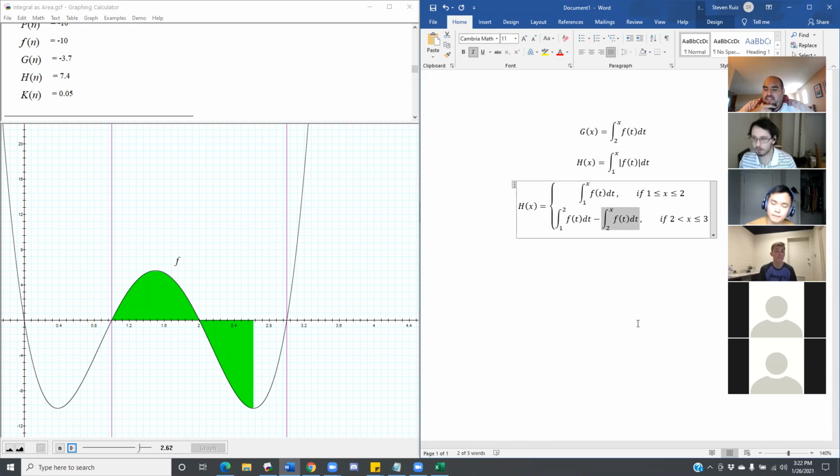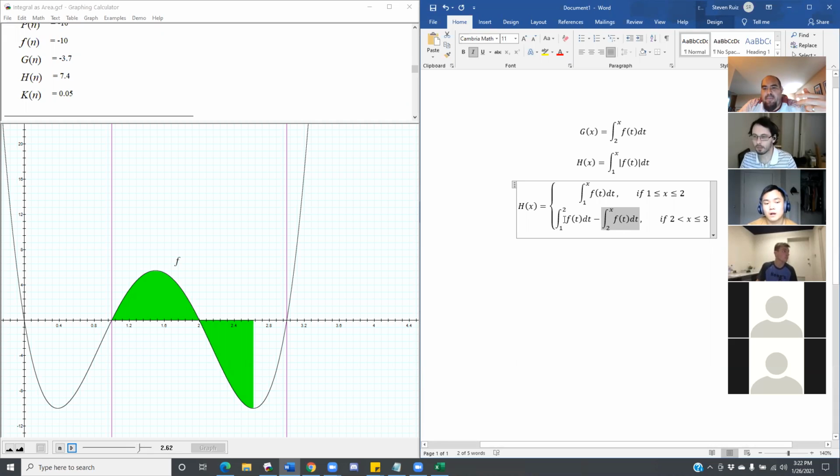What will the value of this highlighted piece always be? Negative. It's always going to be negative. So I'm taking unsigned area though, so I don't want to add negative numbers to my accumulation. The way to avoid that is to subtract away this negative number.